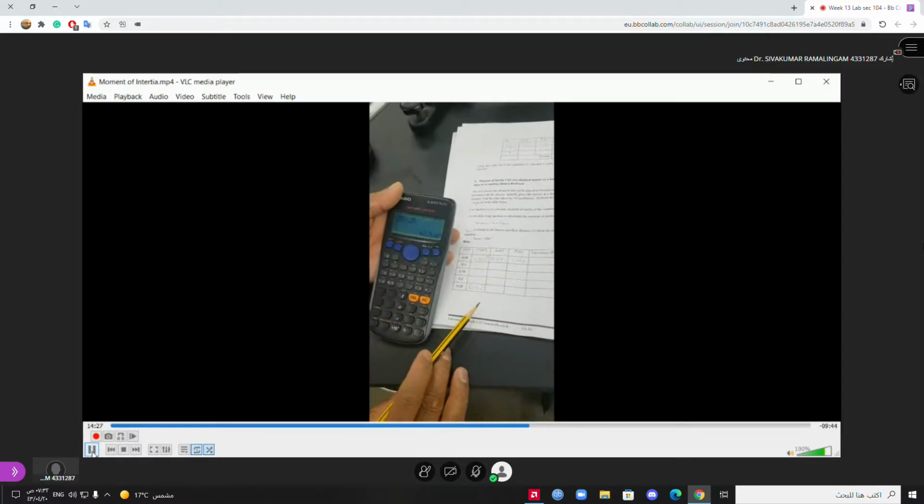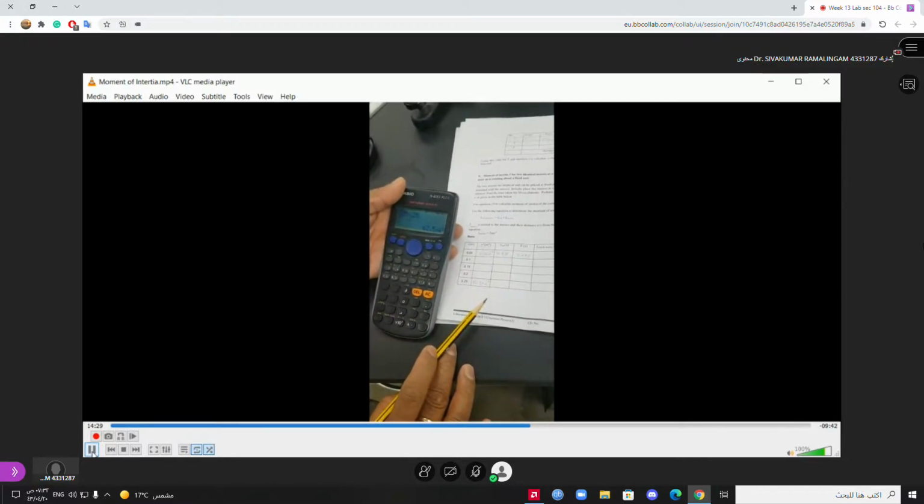See, 62.5 into 10 to the power of minus 3. 10 to the power of minus 3 you can keep as a common. Similarly, you can draw the graph only for the numbers. Similarly, here I will get 10 to the power of minus 6. I will explain in great detail in the regular class. Now, keep this as the power, and you can draw the graph only for the numbers.